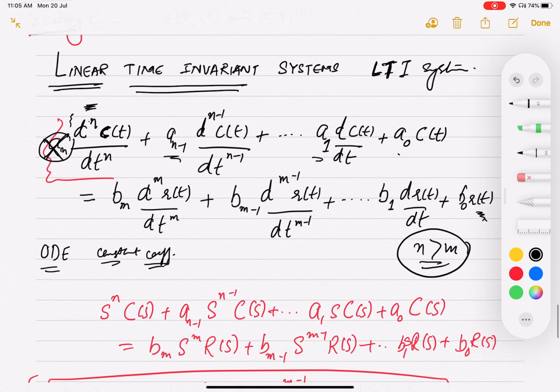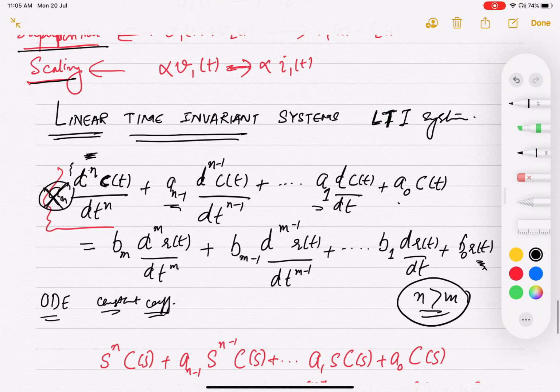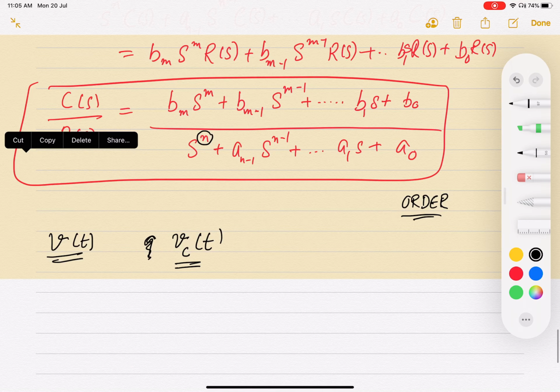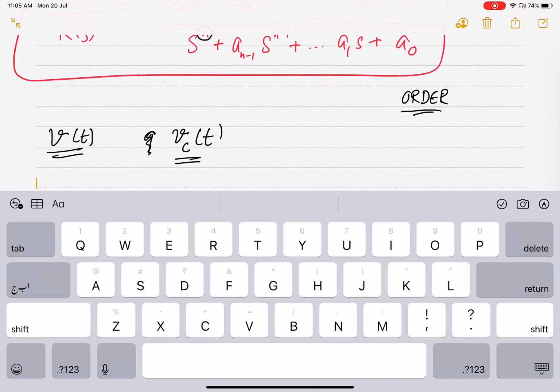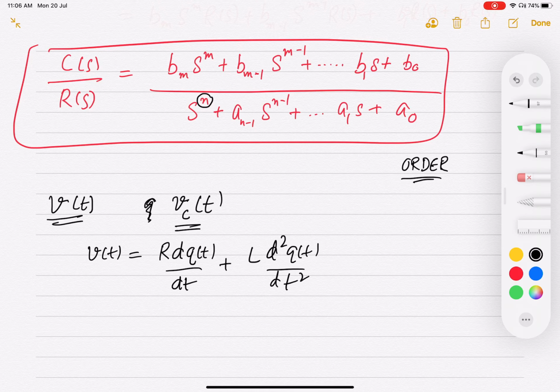Now let me write down the differential equation again, the differential equation in terms of charge. What did we write? We wrote down Vt is equal to R dqt by dt plus L d square qt by dt square plus qt by C, right?